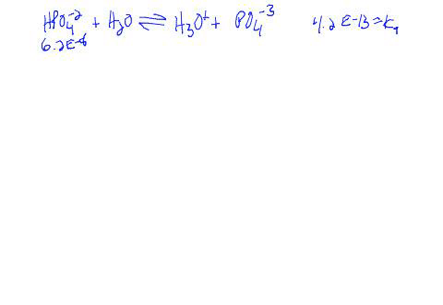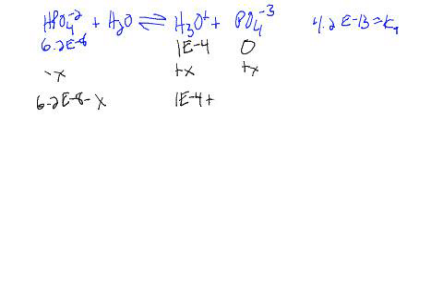And then I just forgot what H3O positive was. 1 E negative 4, 1 E negative 4, and phosphate is 0 initially. Minus X, plus X, plus X. 6.2 e negative 8 minus x, 1 e negative 4 plus x, and x. So again, relative to 0, this x is significant for phosphate.